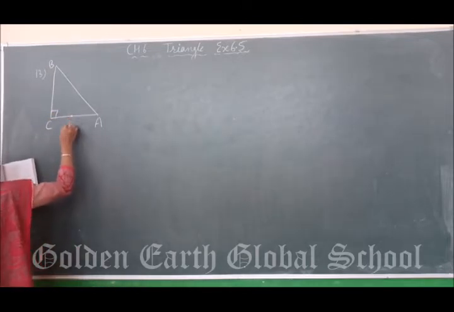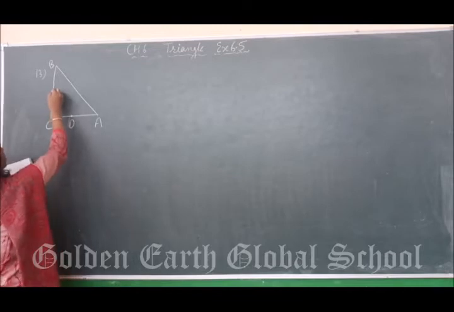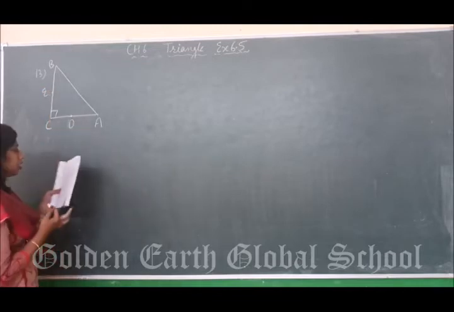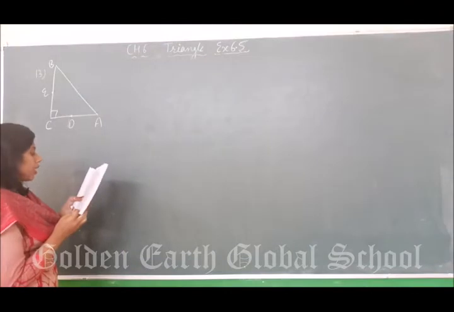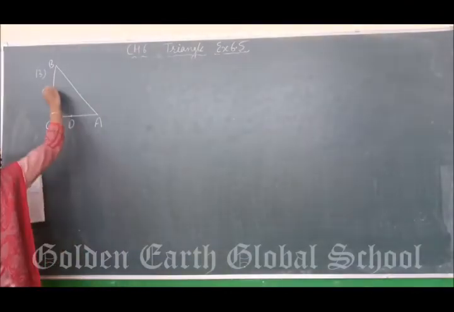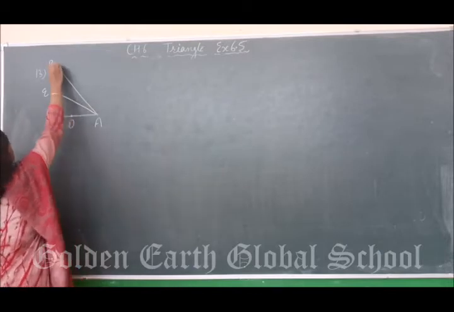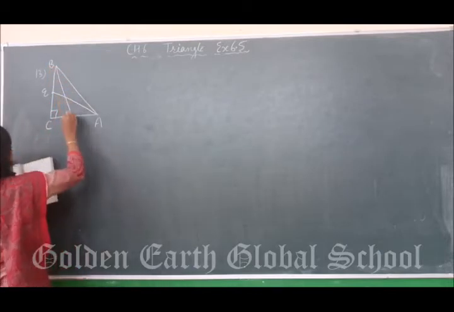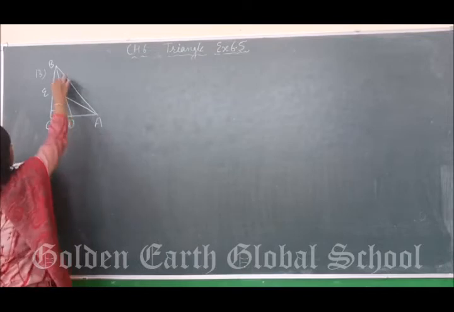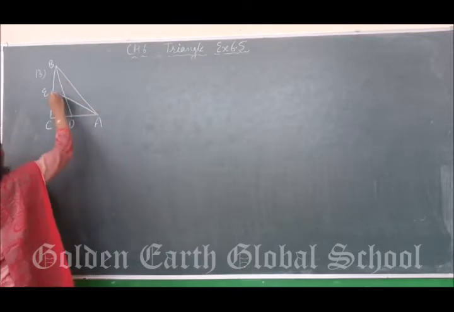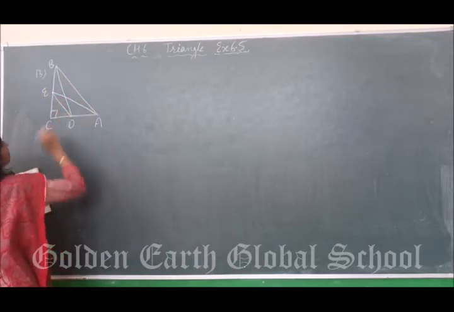Here any point, D is not the midpoint, it is any point. Similarly, E is any point on BC. So you have to prove, join AE, BD, join this side also, equals to AB square. This is already here. DE, join DE.